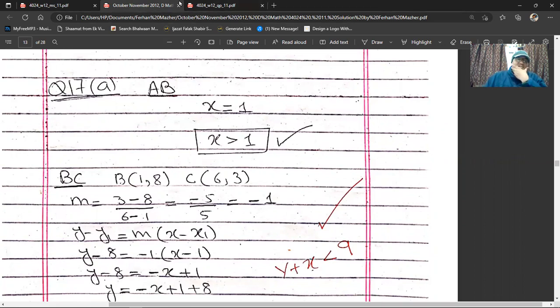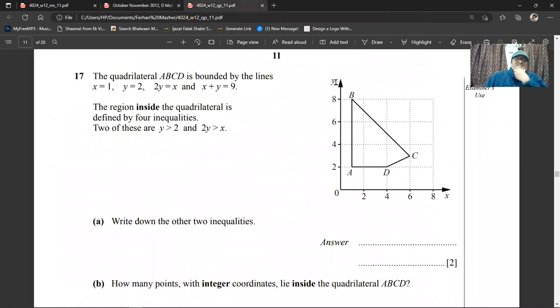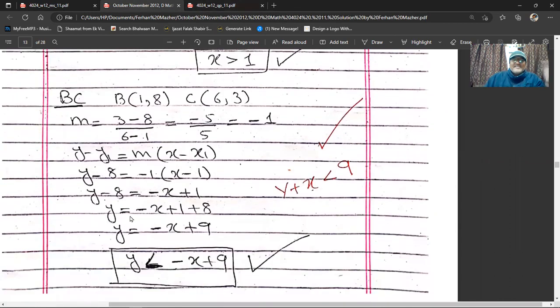That is the inequality. The third line, BC, its equation was given: y plus x is less than 9.